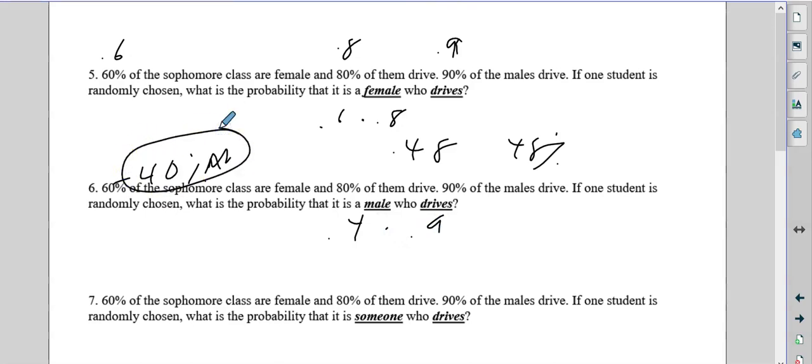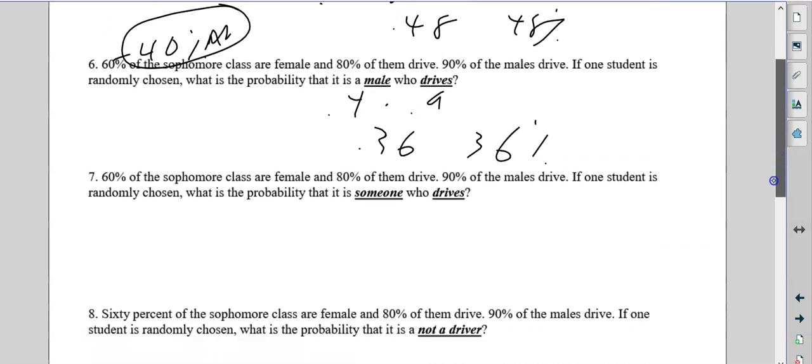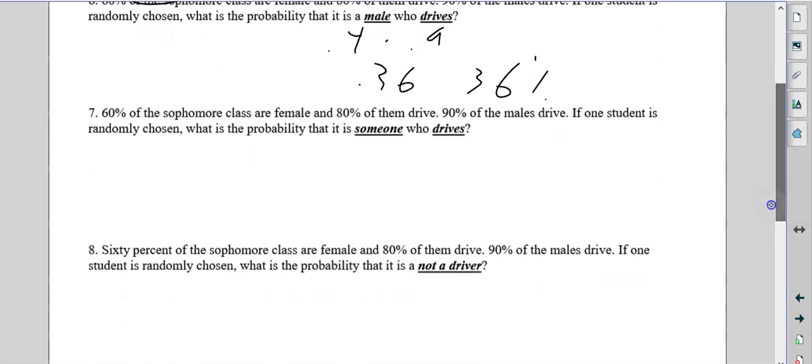We needed to calculate it, which is 0.36, which is 36%. You might think, why is it lower with there being more male drivers? You got to remember, there's more females in the class than males. So that offsets it.